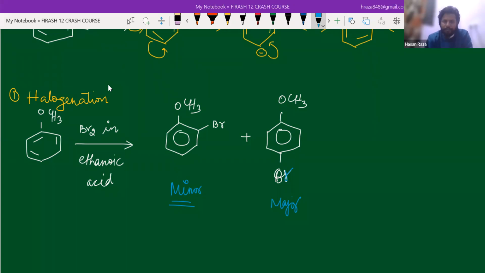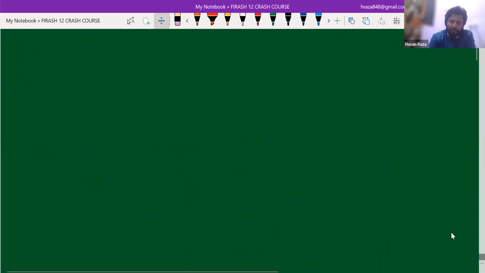Yeah. Okay. After halogenation, we have Friedel-Crafts reaction, and Friedel-Crafts reaction is of two types: Friedel-Crafts alkylation and Friedel-Crafts acylation.